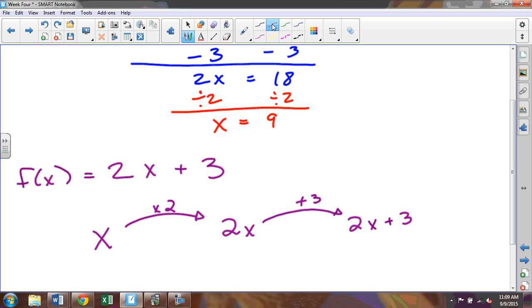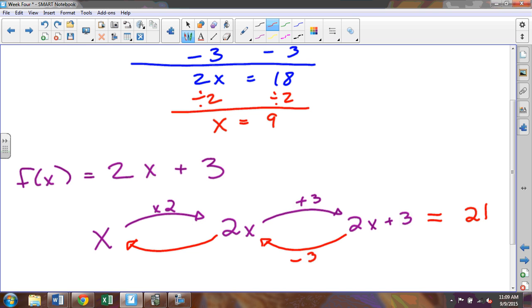In this particular problem, when we were looking at it saying it's equal to 21, in order to solve it, we just have to start at the back and work your way toward the front. Because we already have the image, we're trying to work backwards to get the argument. Well, how do you undo add 3?